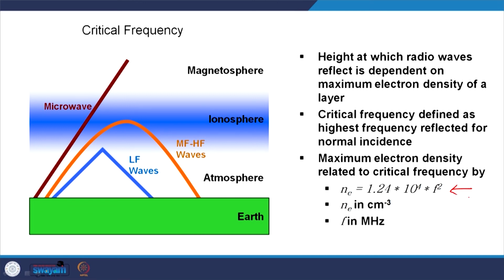What you see here depends on the frequency: low frequency, medium to high frequency, and microwave. Based on the incoming frequency, it will get reflected at a particular point. So, you will have to choose which frequency you want to use for a certain type of communication. Okay.